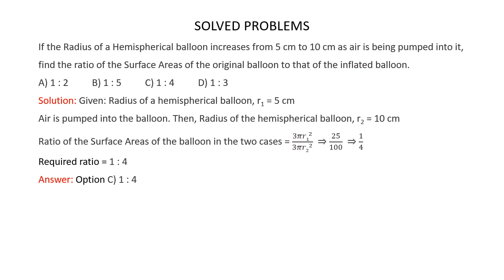And we are left with r1 squared divided by r2 squared, which is 25 divided by 100, which is nothing but 1 by 4. So the required ratio of the surface areas of the original balloon to that of the inflated balloon is 1:4. So the correct answer is option C, 1:4.